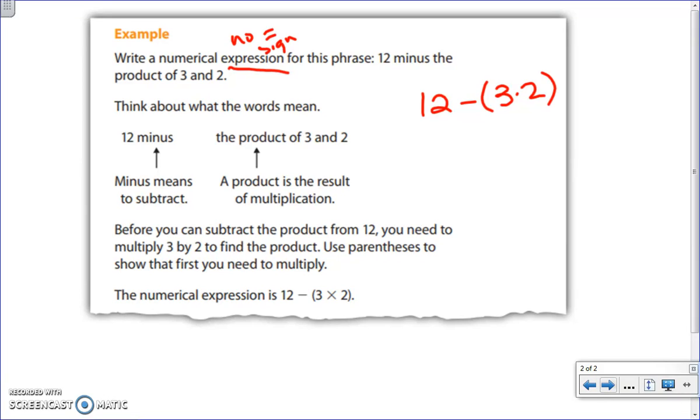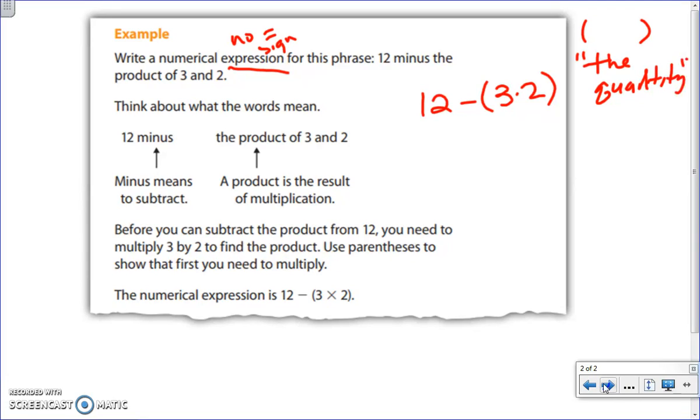I wouldn't count it wrong necessarily if you didn't have parentheses because it doesn't say the quantity. A lot of times with parentheses, we would use the phrase the quantity, and then everything after the words the quantity would be inside parentheses.